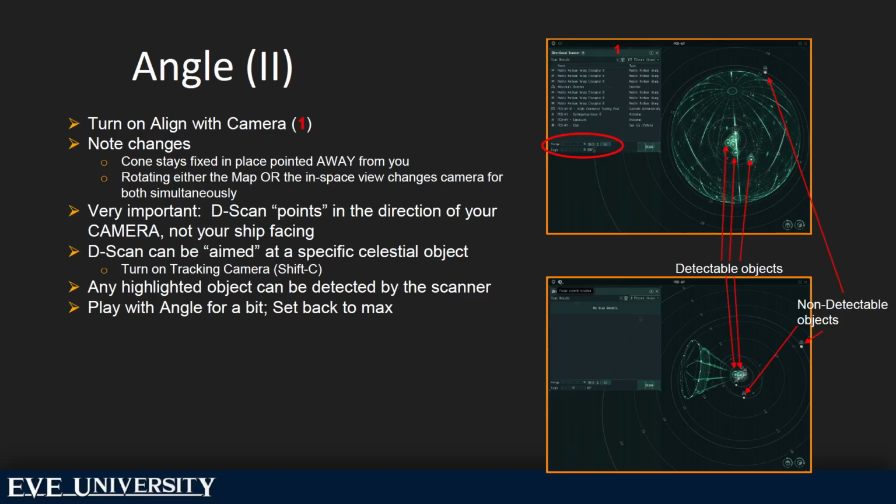The same logic applies. The detectable objects will be highlighted with green circles, and non-detectable objects will be grayed out. So you can very easily see what objects are included in this sharp angle D-scan and what objects are excluded.